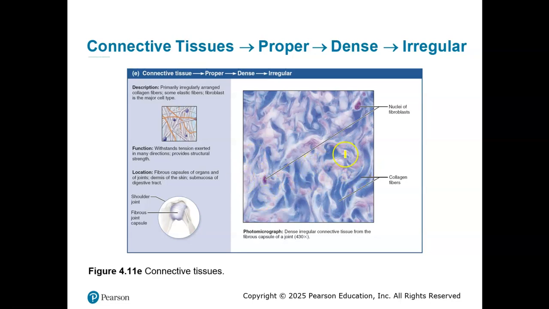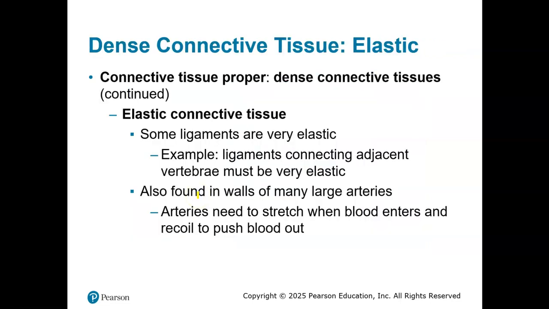The fibers are not lined up parallel to one another. So, joint capsules, the fibrous capsules of organs and joints, the dermis of the skin. The dermis is the best example. So there's dense regular that forms tendons and ligaments, and dense irregular that you find in the dermis of the skin. Then there is elastic connective tissue.